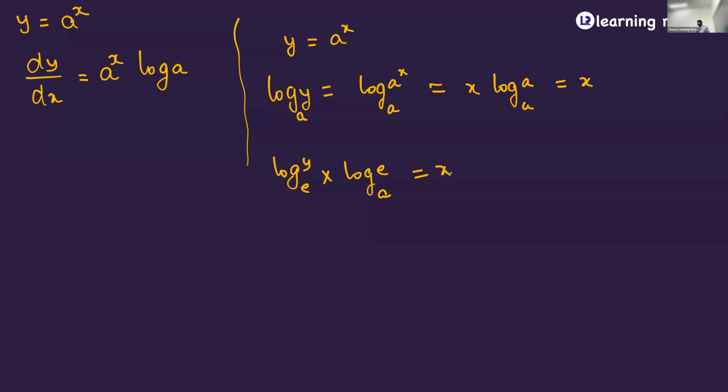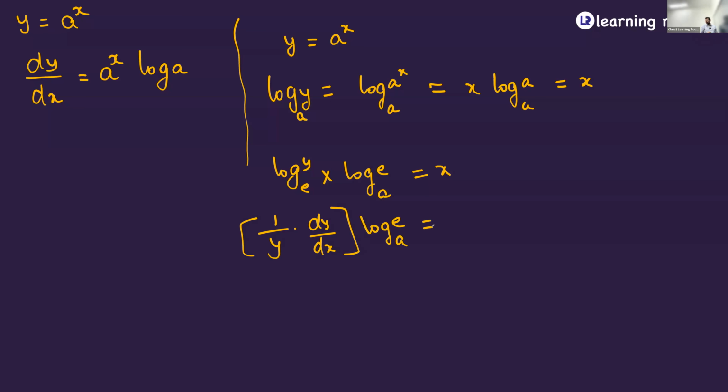Now start differentiating on both sides. What is the derivative of log y? 1 by y into dy divided by dx. Multiplied with this one, I will not disturb it, because log of e base a is a constant. Only x and y are variables in your mathematics, I told you, right? So this is just log of e base a.